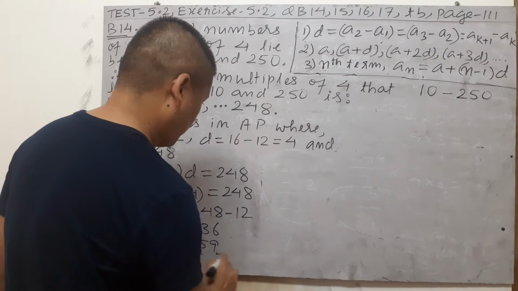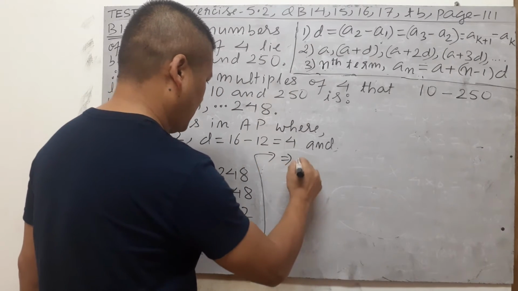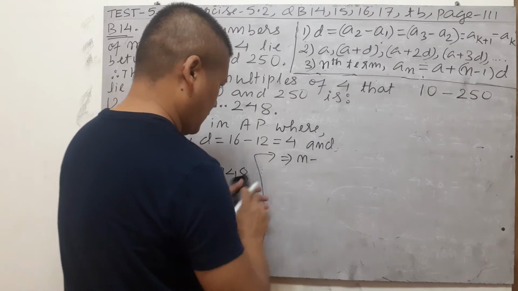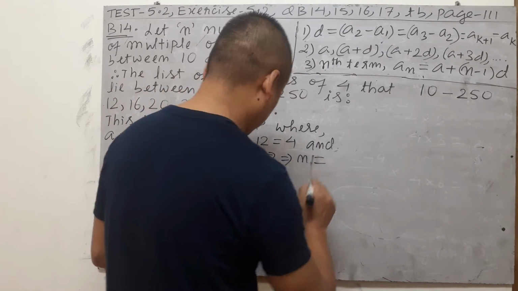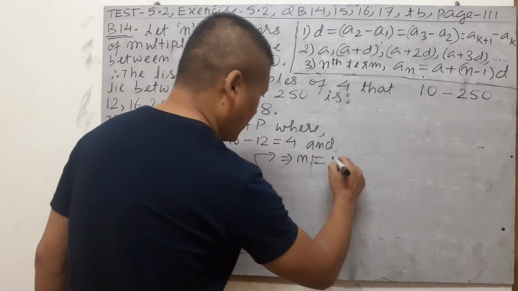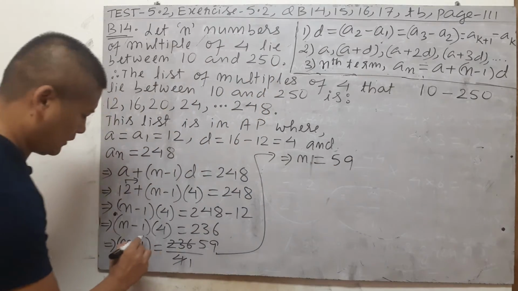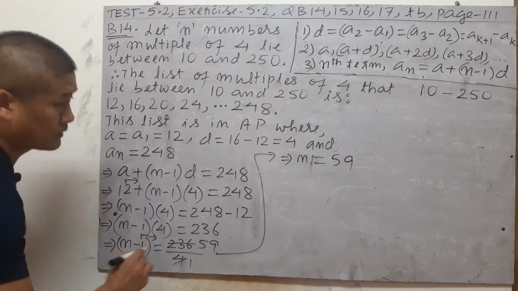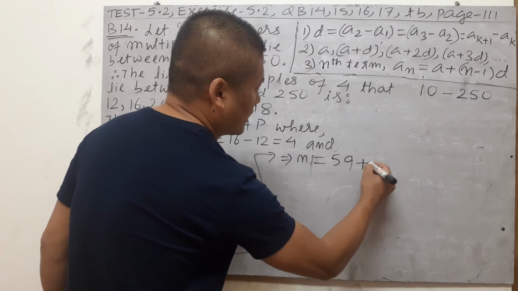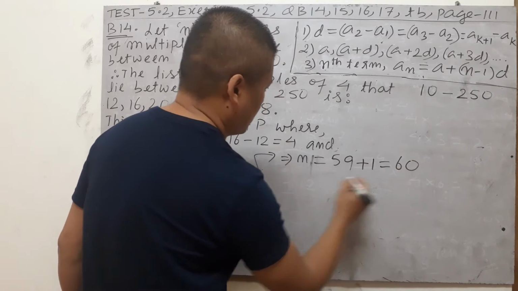So here, that implies n is equal to 59, and shift this minus 1 from the left to the right side, and minus 1 will become plus 1, so n is 60.